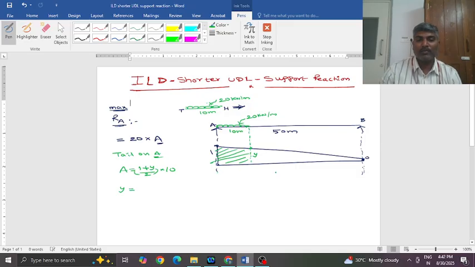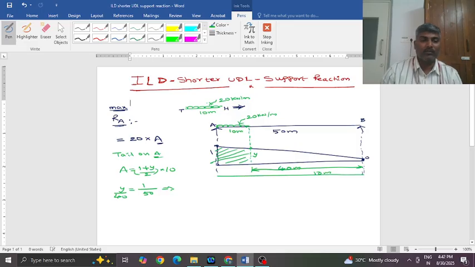This total span is 50 meters, and for the smaller triangle, this span is 40 meters. So by similar triangles, y by base 40 equals height 1 by base 50.